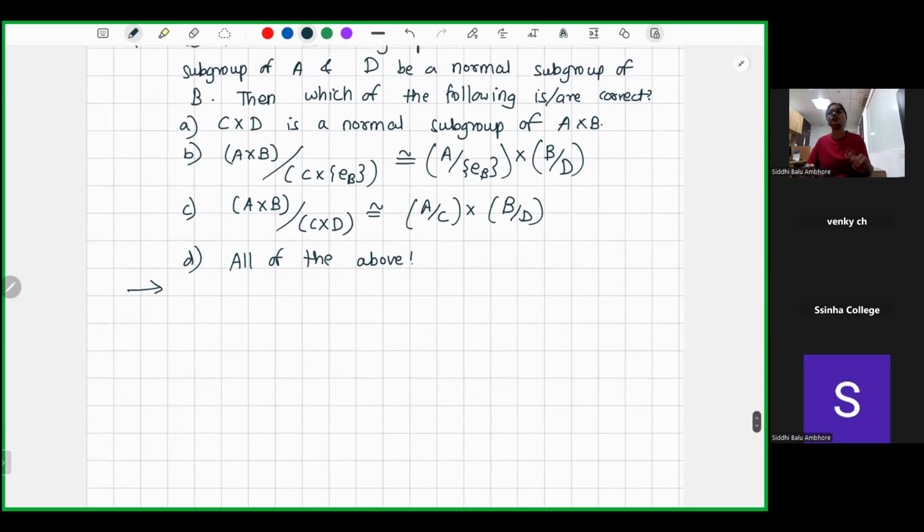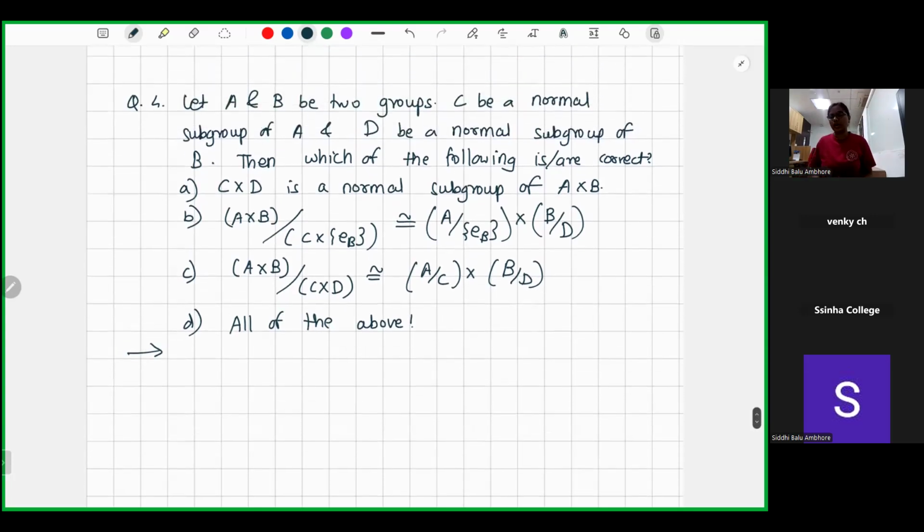So which of these do you think are true and which are false? A and B are two groups, C is a normal subgroup of A and D is a normal subgroup of B, and we have to prove, disprove, or give a counterexample for these statements.